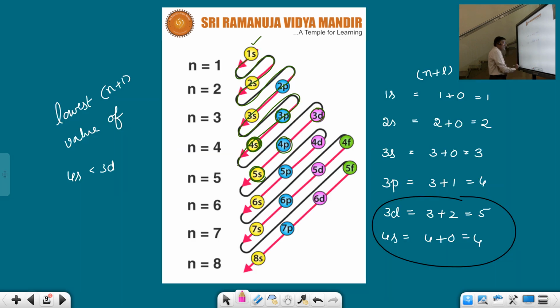So naturally, you can see clearly, students, 5s is filled first than 4d. I hope you are very clear about this, because it is going to dictate the whole process of electronic configuration and periodic table. It is a very powerful tool to understand the periodic table. I am going to unfold it in the next slide.